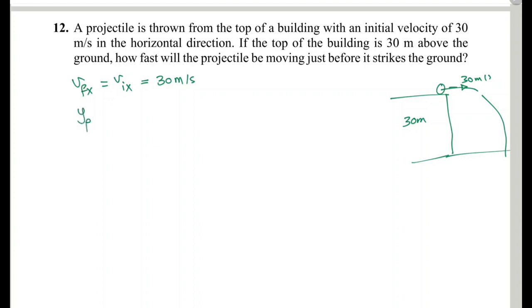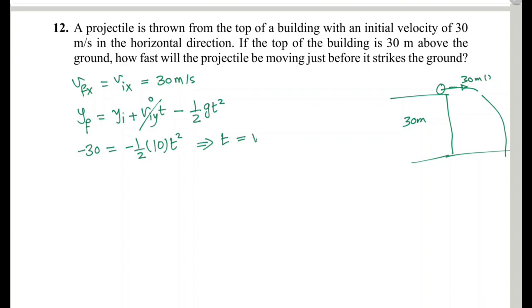So y final equal to y initial plus the initial y t minus half g t square, minus 30 equal to minus half 10 t square, or in other words, t equal to square root of 6, or 2.45 seconds.